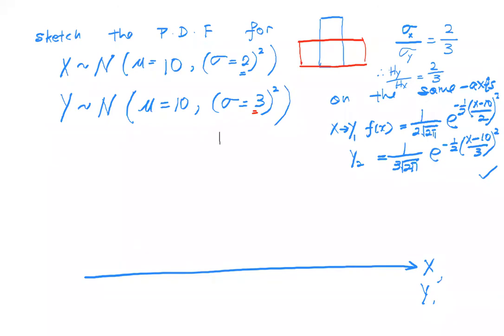Look, this is my axis of symmetry. They have the same mean, that is 10. Then I do the distribution. This is 13 here. 16 here. I always use the higher spread.